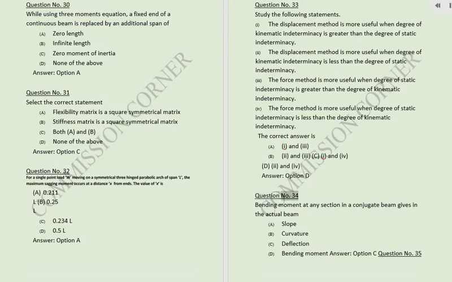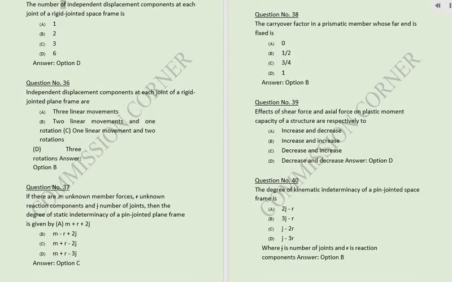Question number 34. Bending moment at any section in a conjugate beam gives in the actual beam: A, slope. B, curvature. C, deflection. D, bending moment. Answer, option C. Question number 35. The number of independent displacement components at each joint of a rigid jointed space frame is: 1, 2, 3, 6.